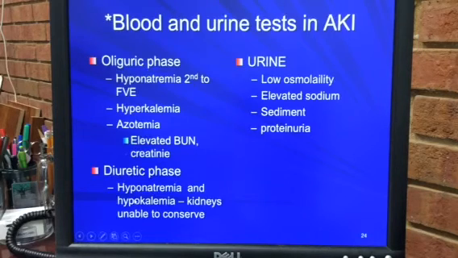In the diuretic phase, the kidneys cannot conserve electrolytes. So you see hyponatremia and hypokalemia in particular. You may have to replace potassium and you most certainly will have to replace fluids. Think about how much water is being lost at a rate of 400 milliliters an hour.